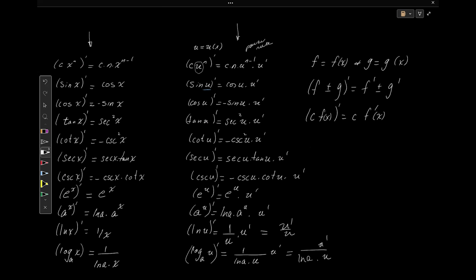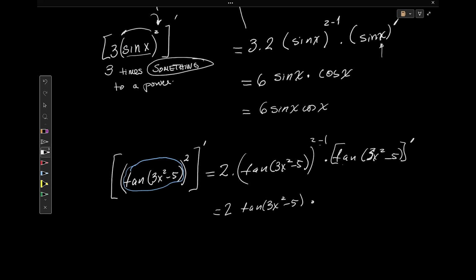Its derivative, according to this rule, is the secant squared of that something times the derivative of that something. Okay? So that's secant squared of that something times the derivative of that something.